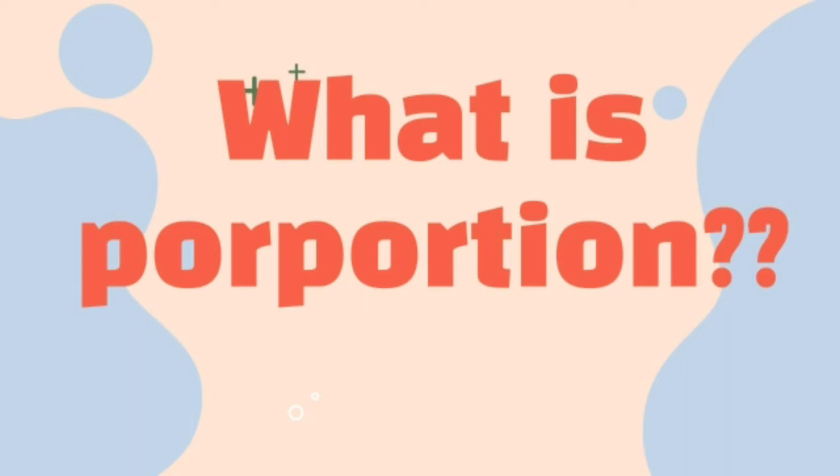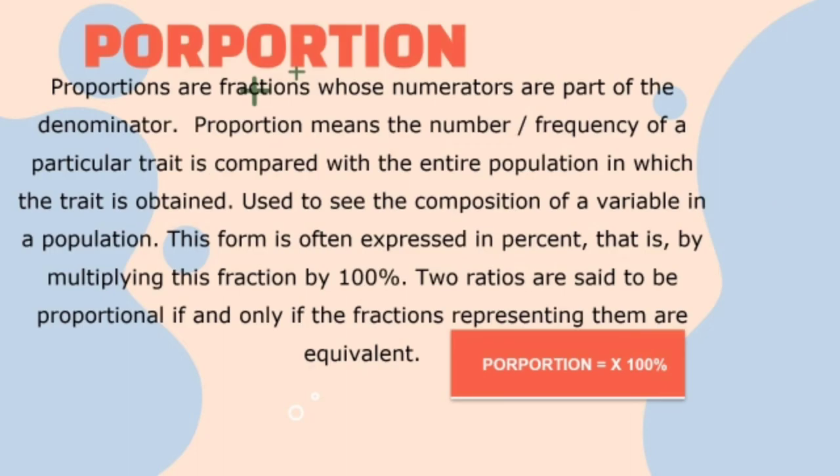What is proportion? Proportions are fractions whose numerators are part of the denominator. Proportion means the frequency of a particular trait is compared with the entire population in which the trait is obtained.